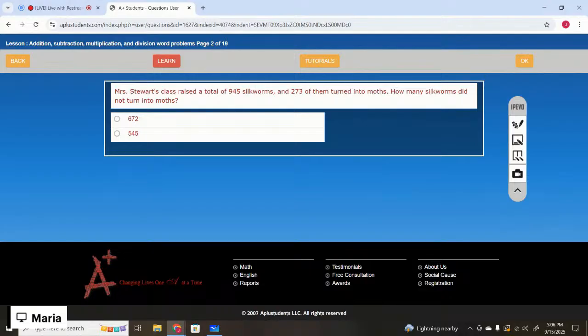Mrs. Stewart's class raised a total of 495 silkworms, and 273 of them turned into moths. How many silkworms did not turn into moths?